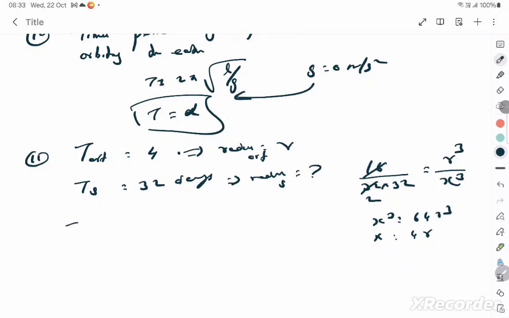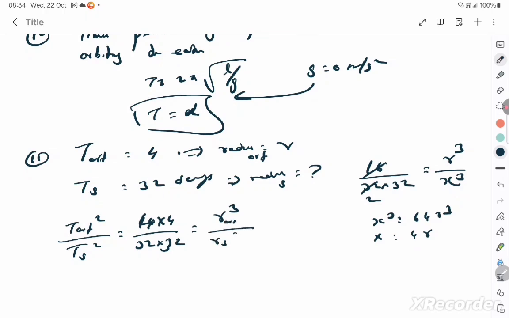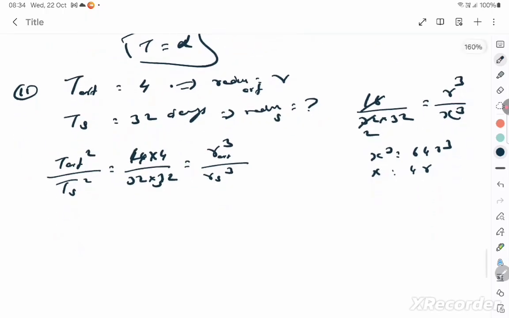You just know that T of the artificial satellite whole square by T of the unknown satellite whole square is equal to, which is nothing but 4 into 4 by 32 into 32, will be equal to the radius of the artificial satellite whole cube by radius of the unknown satellite whole cube, and this radius itself can be taken as r cube. They've given it in the question.